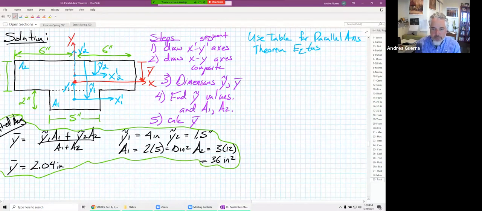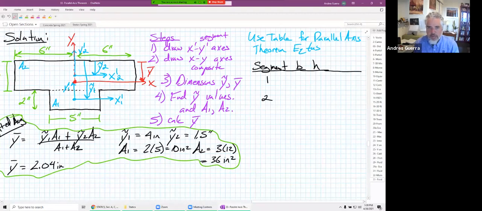And if you go back to the parallel axis theorem, what do we need in there? Well, we need for each segment, and we have 2 of them, a segment 1 and a segment 2, things like B and H. There's some basic stuff, and actually we've used B and H already in calculating our areas.